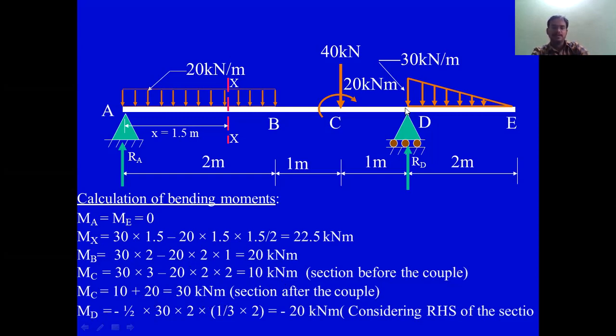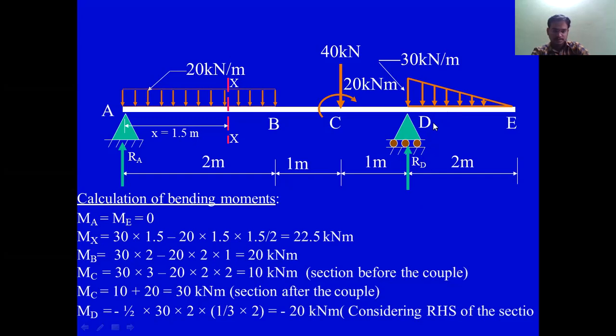Next moment at D, the point D here, it is minus. How do we calculate this one? If you want to take right side section, you can take right side section. So simple, take right side section from D. This is half into base into height into one third of 2, because it is from top, so it is minus.